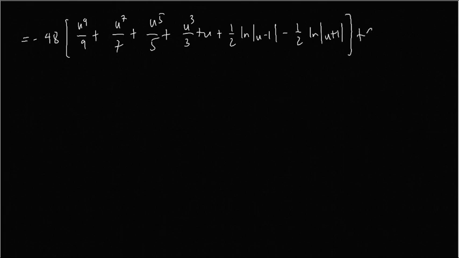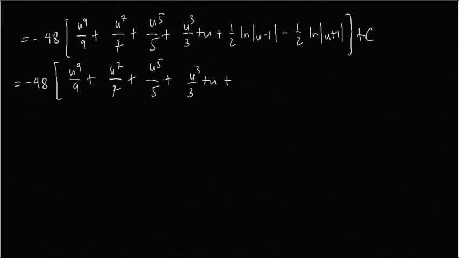For that, this is negative 48 times u raised to 9 over 9 plus u raised to 7 over 7 plus u raised to 5 over 5 plus u cubed over 3 plus u. What we're trying to do here, i-regroup muna natin itong dalawa na 1/2 and applying laws of logarithm, this is u minus 1 all over u plus 1 plus c.